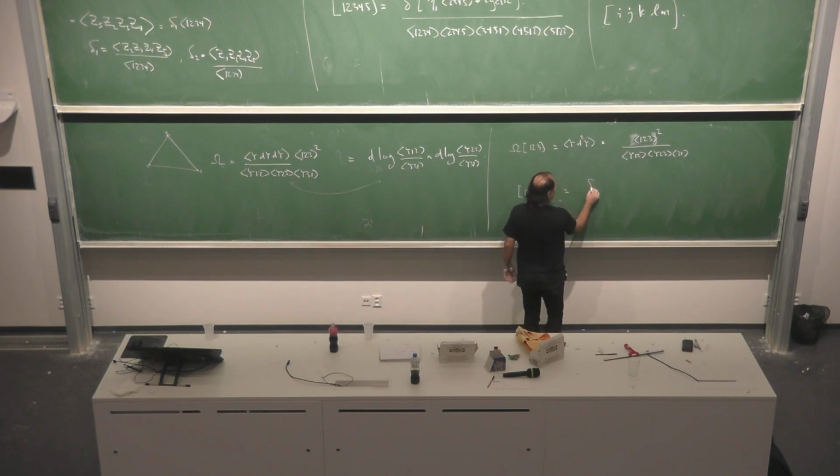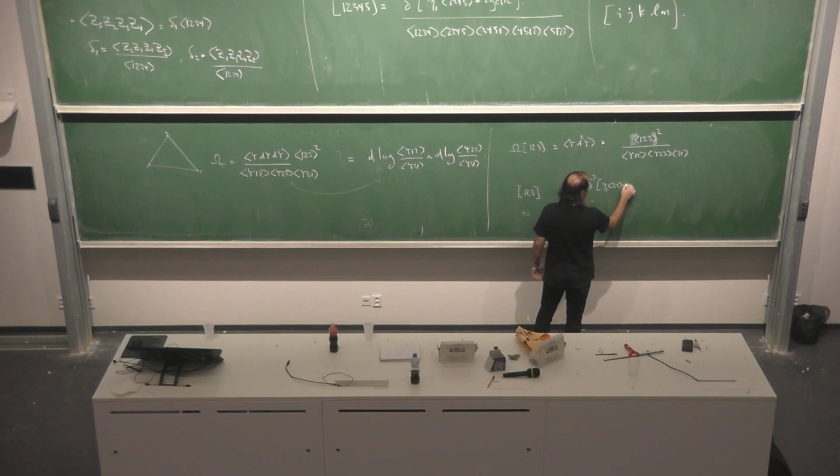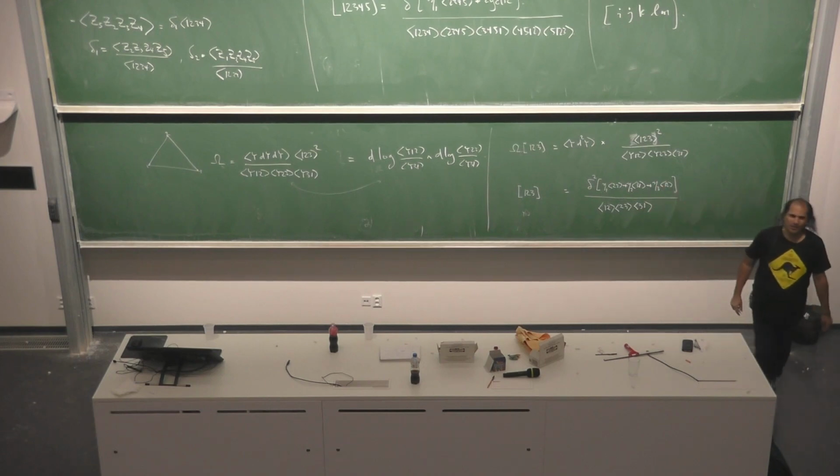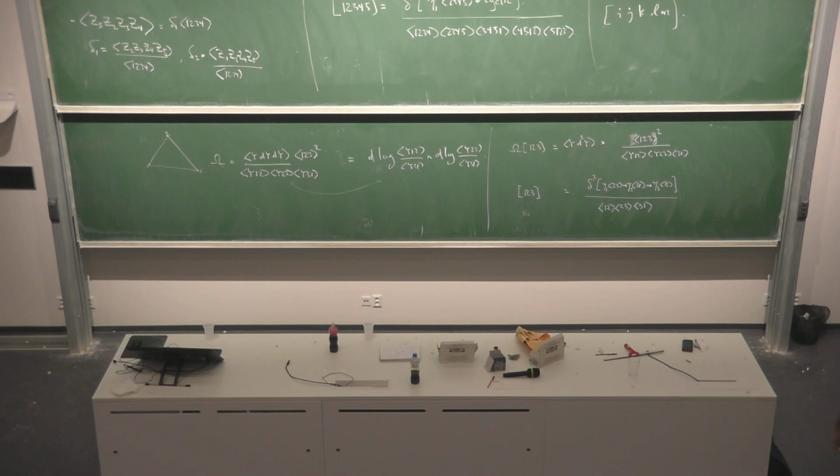This was delta squared of a to 123 plus a to 231 plus a to 312 over <12><23><31>. Okay. They look somewhat similar. Okay. Both of them have these factors downstairs, and both of them have something squared upstairs.